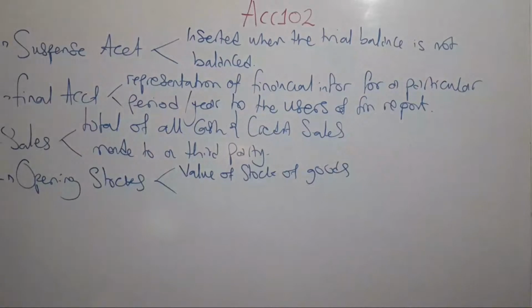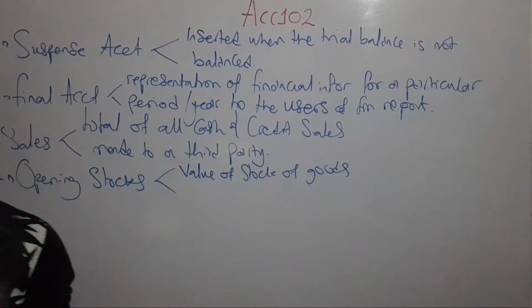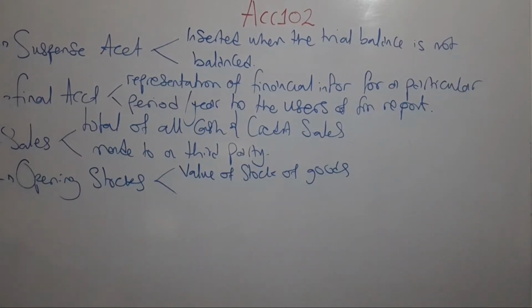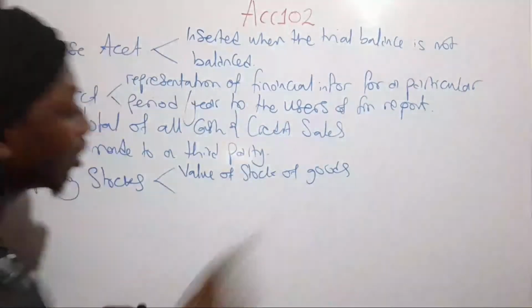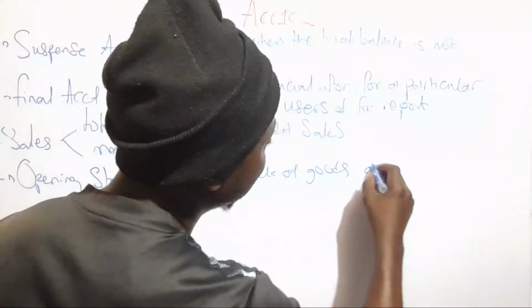So at this level, we refer to it as the opening stock, the value of stock of goods that is available or meant for sale at the beginning of the accounting period. Availability is very important.